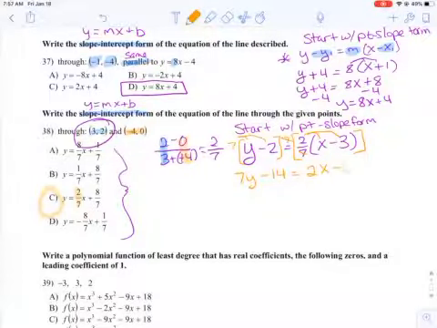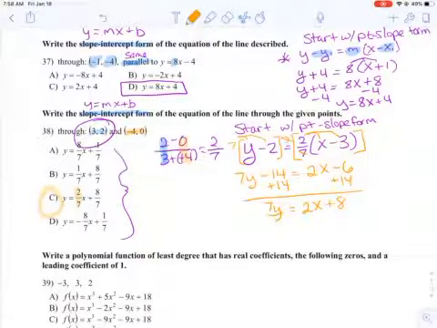So 2x minus 6, and then add 14. And then divide each term by 7. And you'll get y equals 2/7x plus 8/7, which is your answer.